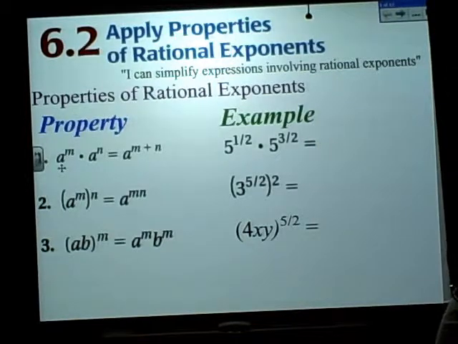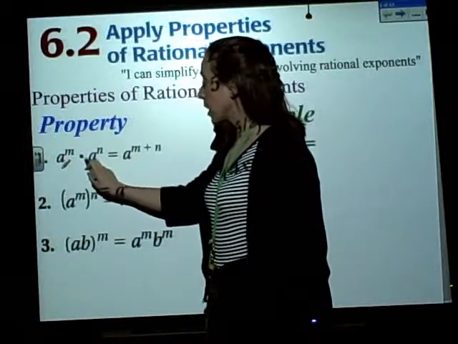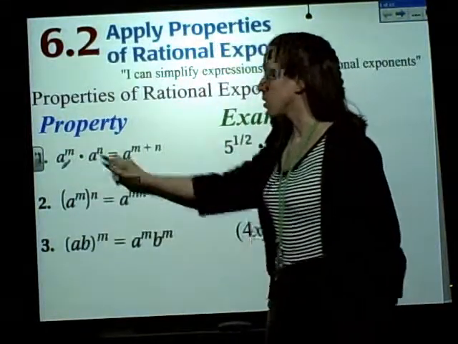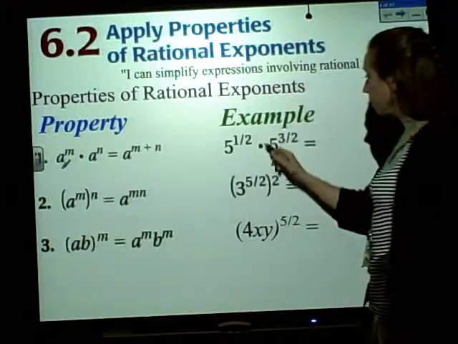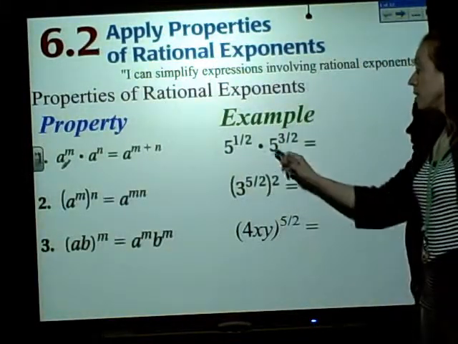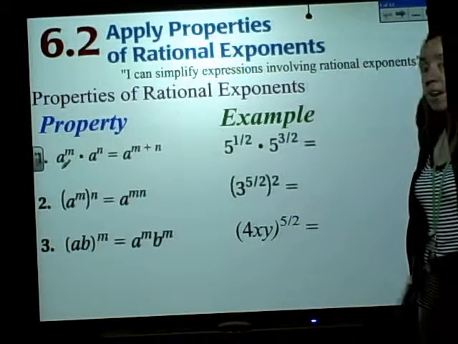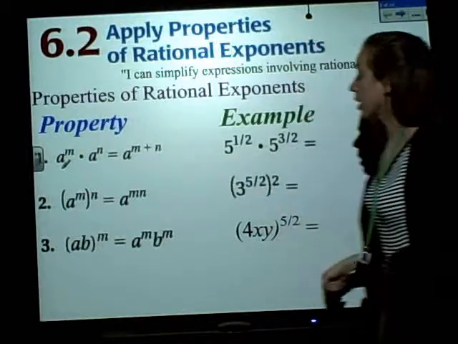Our first property is what we use when we have two bases that are the same and different exponents, and we're multiplying. So for example, if we have 5 to the 1/2 power times 5 to the 3/2 power, my property tells me I'm going to add those exponents.